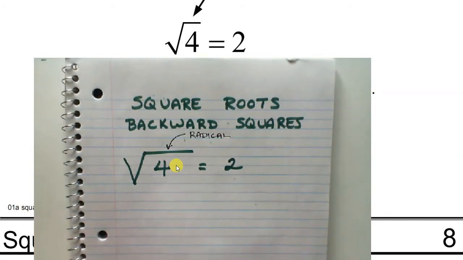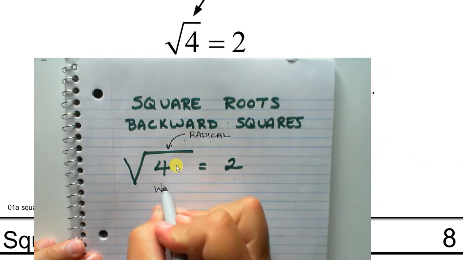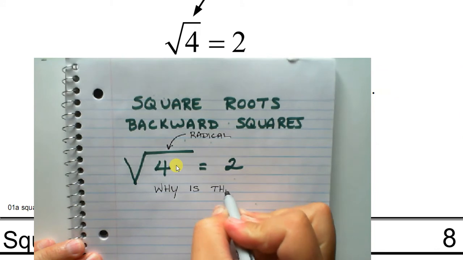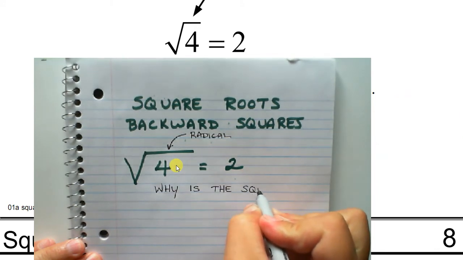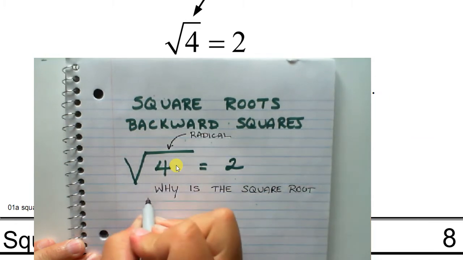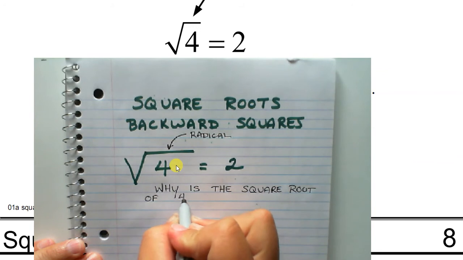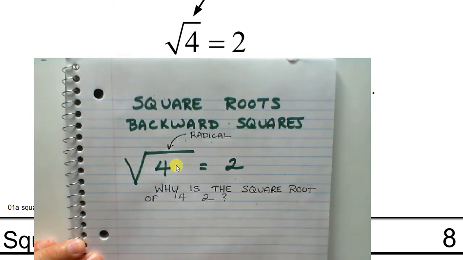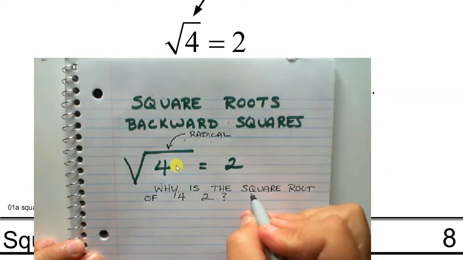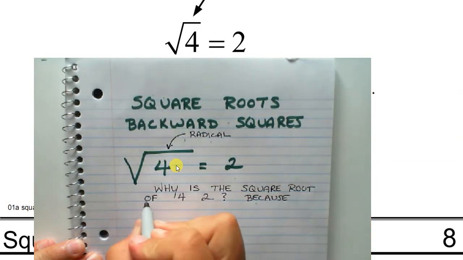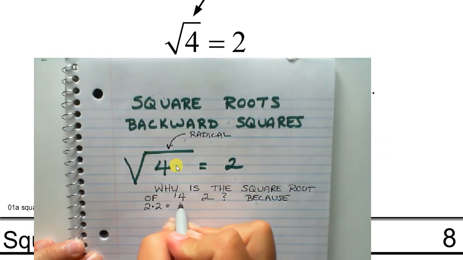Why is the square root of 4 equal to 2? Because 2 times 2 equals 4.